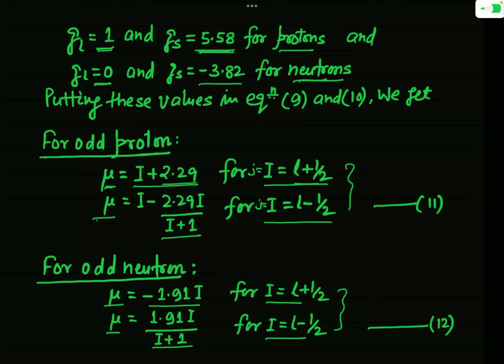When our nucleus is odd Z and even N, then we will plot mu in against I on the basis of this equation 11, and when our nucleus is even Z and odd N, then we will plot mu in against I or J on the basis of this equation 12.